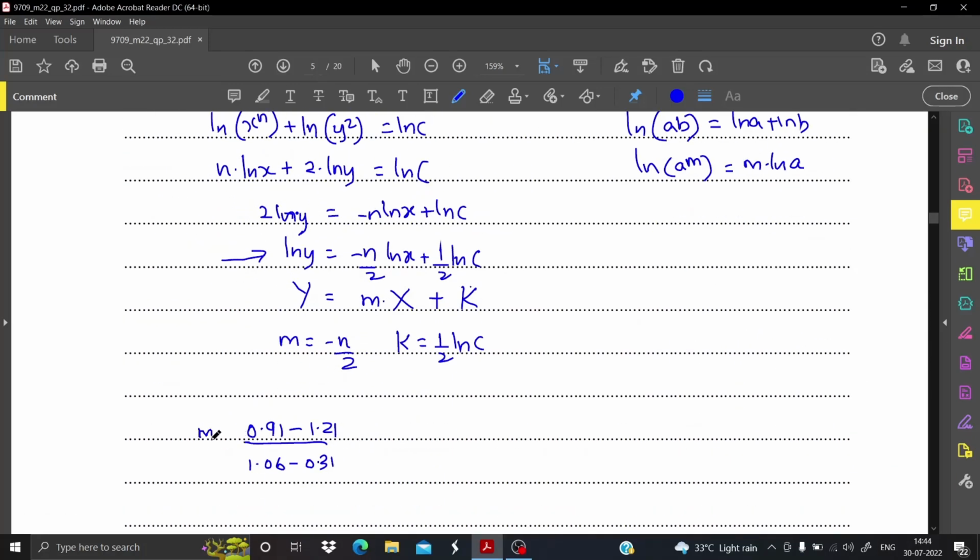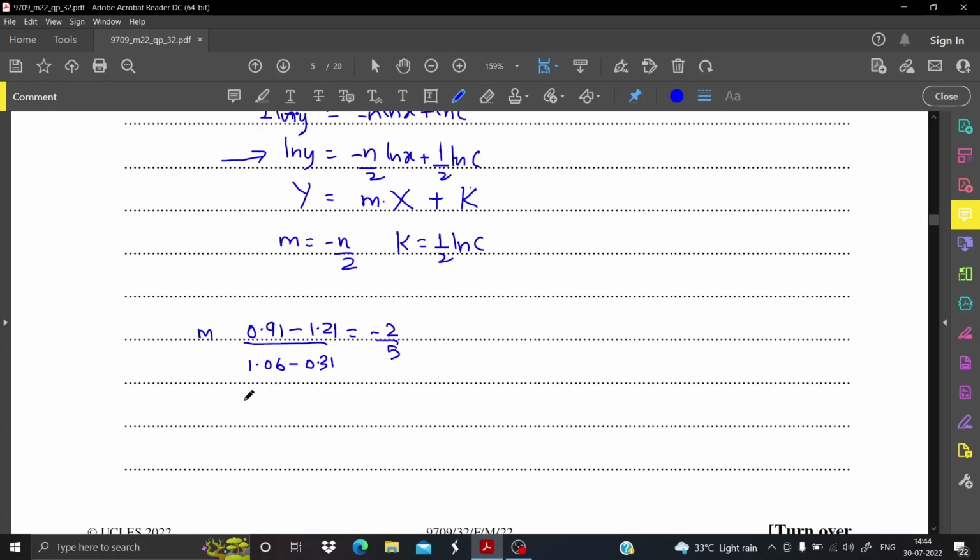This is the gradient, and if you use a calculator, you would get minus 2 by 5. Check in the calculator. Therefore m is equal to minus n by 2, and minus n by 2 is minus 2 by 5. So from this we get n equal to 4 by 5.